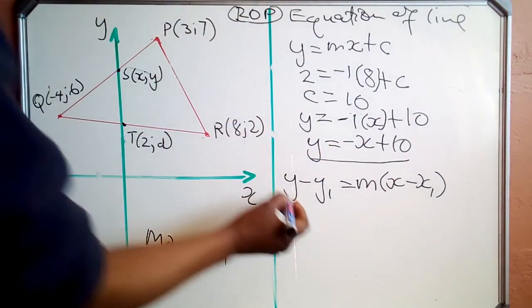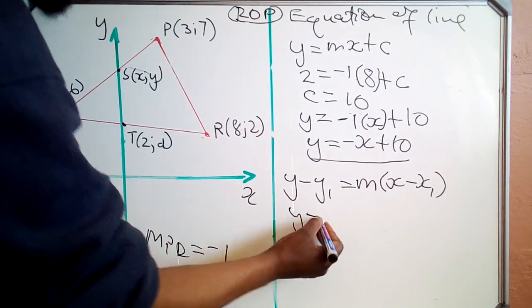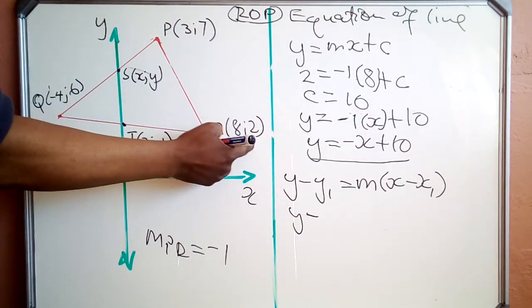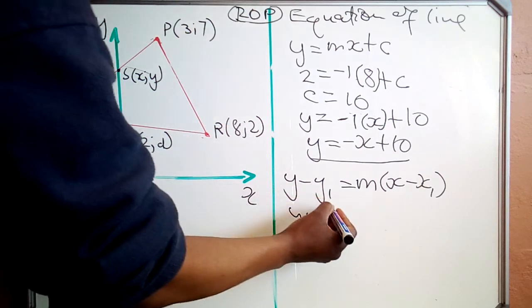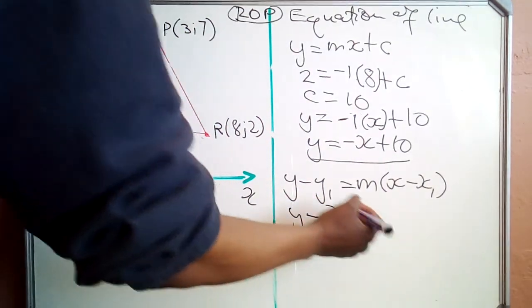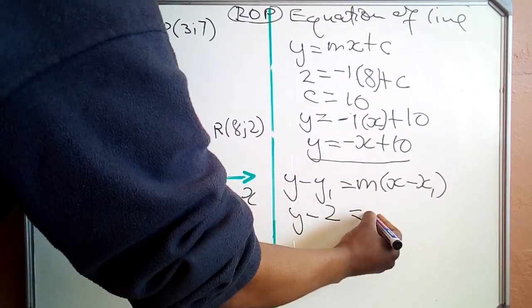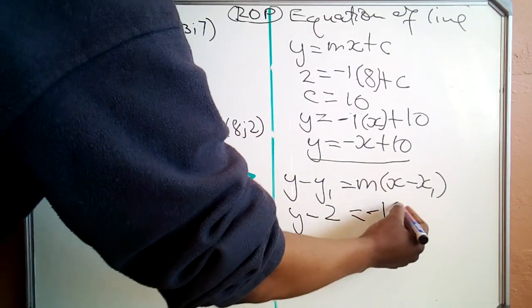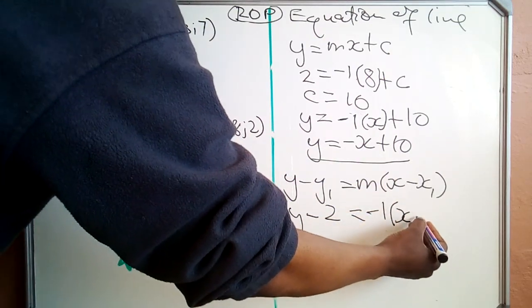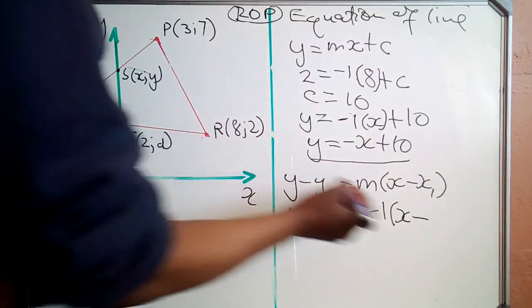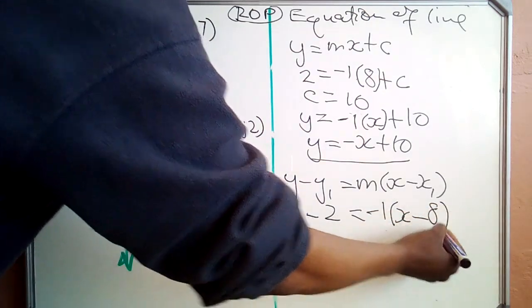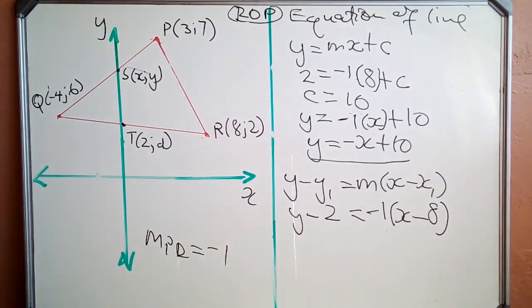Now let us substitute. We'll substitute y minus our y there, which is 2, is equal to m, which is -1, open bracket, x minus our x there, which is 8, close bracket. Now let us open the brackets.